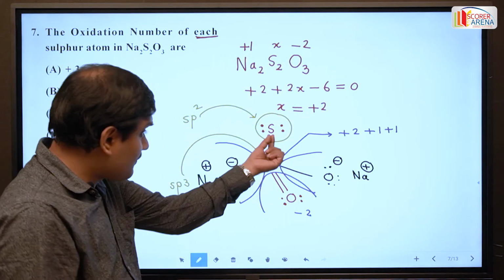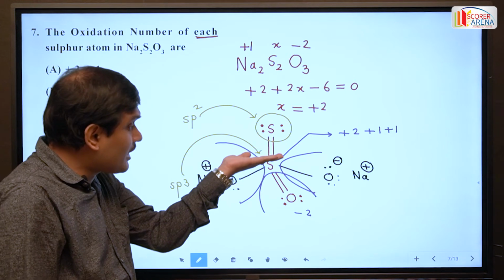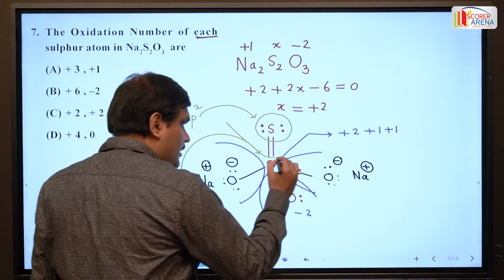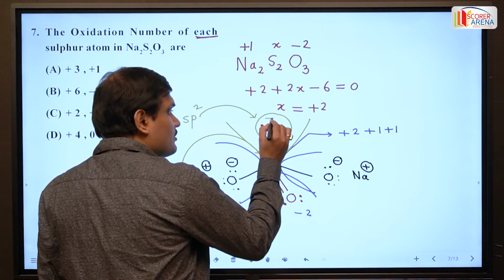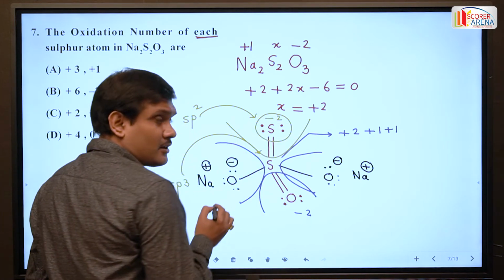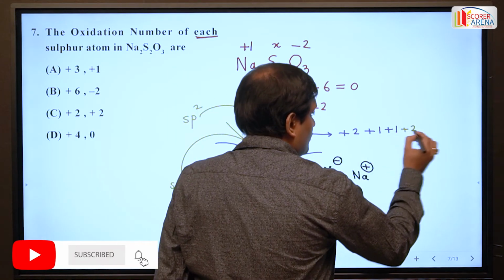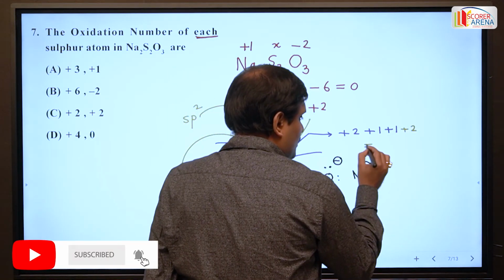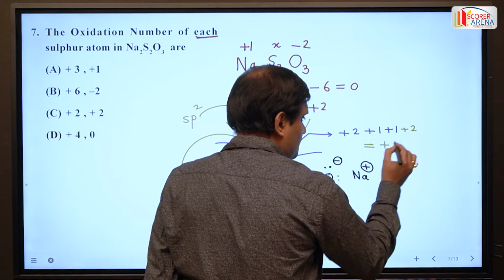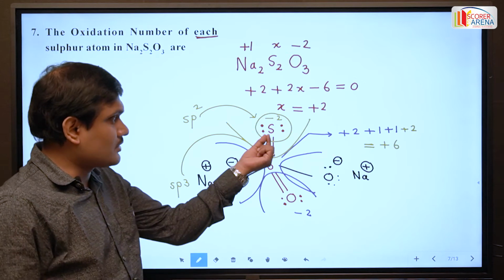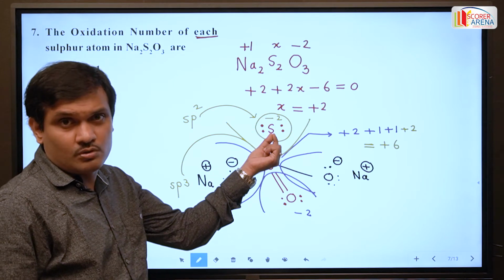So this sp2 sulfur will have the capacity to drag electrons from the sp3 sulfur. So again it will drag 2 electrons, so it becomes -2. The middle sulfur, sp3 sulfur, will have +6 oxidation state, whereas the other sulfur will have -2 oxidation state.